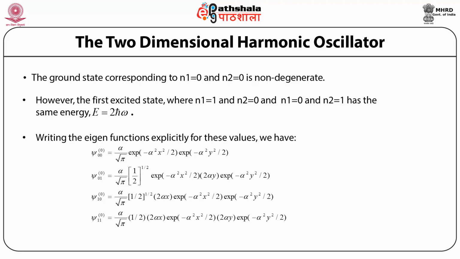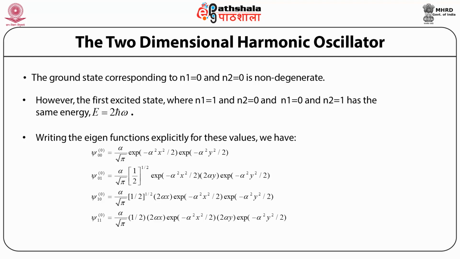Writing the eigenfunctions explicitly for these values, we have psi 00, that means the ground state with n1 equals 0 and n2 equals 0, equals alpha by square root of pi exponential minus alpha squared x squared by 2 into exponential minus alpha squared y squared by 2.